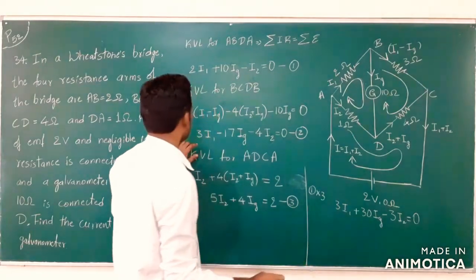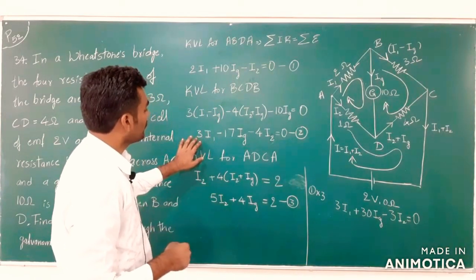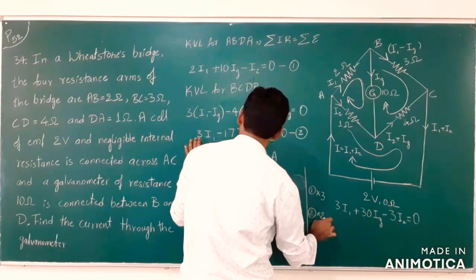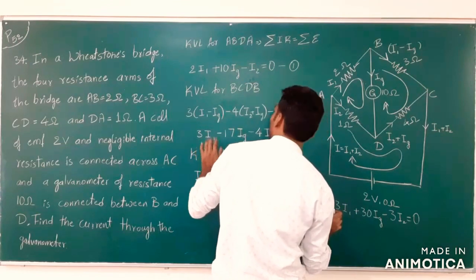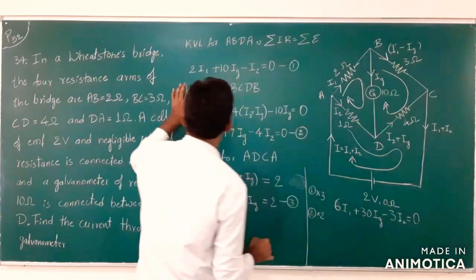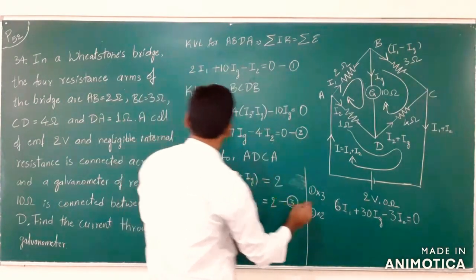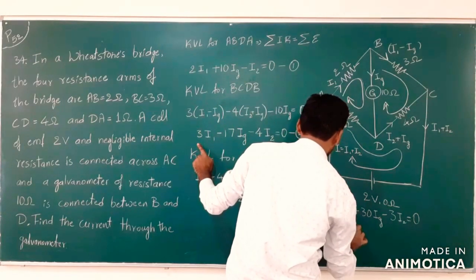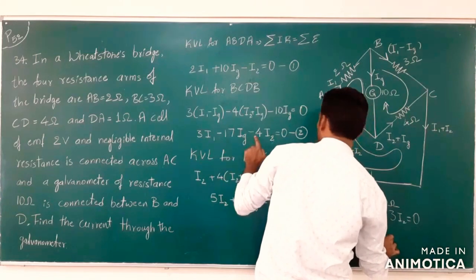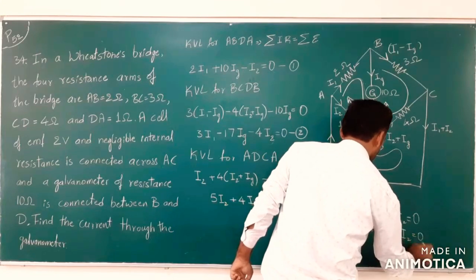Now come here, 3I1 minus 17Ig minus 4I2. Multiply this by 2, okay. So equation 2 into 2. So this is 6I1, right? 2, 3 is a 6, okay. Equation 2 into 2. So it is 6I1 minus 34Ig minus 8I2 is equal to 0.